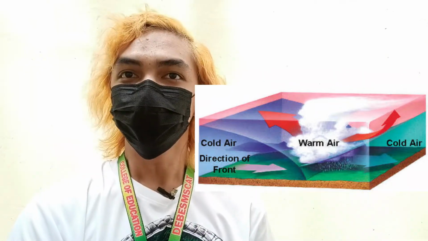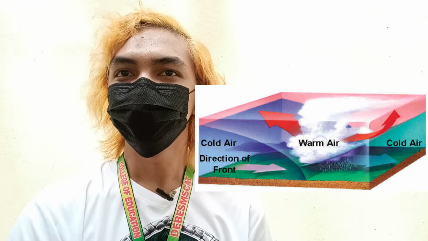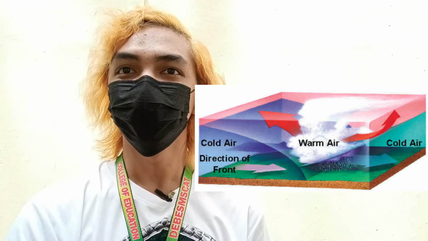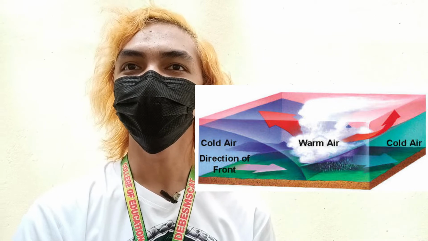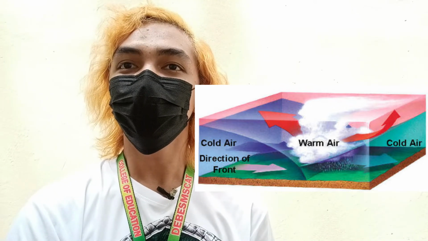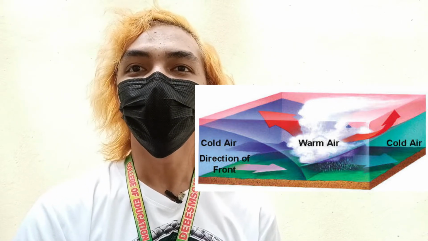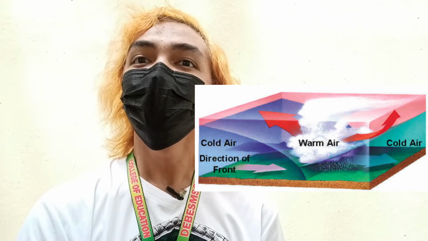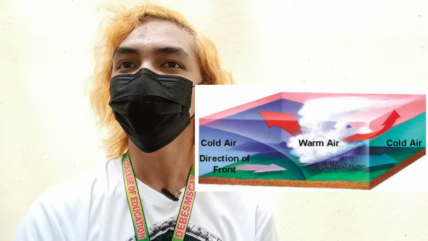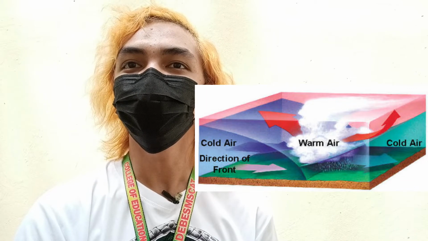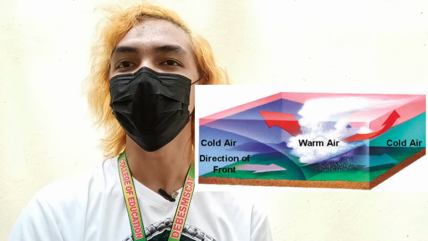The warm occlusion happens when the air mass that arrives third is warm, and it rides over the other air mass. When the cold air mass meets the warm air mass, however, both air masses do not have the force to lift the warm air mass over the cold air mass.